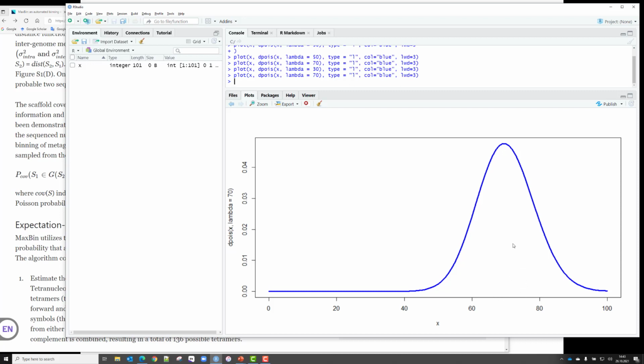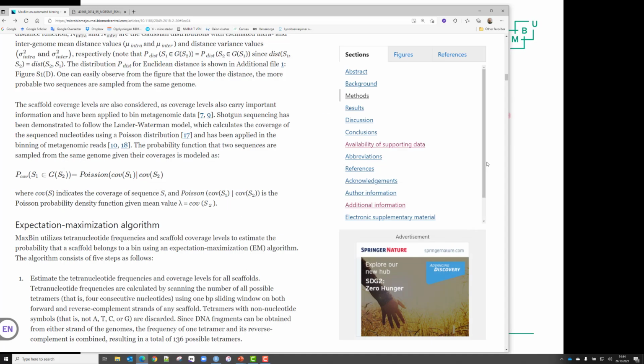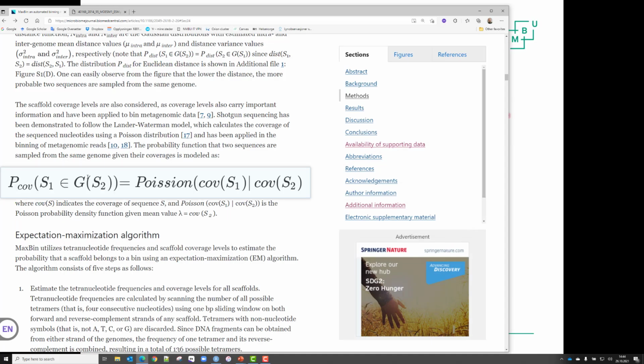In order to have similar enough coverage to be from the same genome. And we use the Poisson distribution directly. So if S2 has coverage 70 and S1 has coverage 20, then the probability is almost zero, right? And we can say, no way, these two can come from the same genome. So this is actually the idea of this P-cob here.